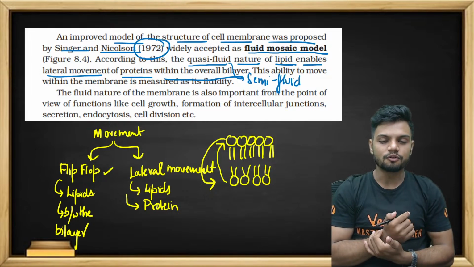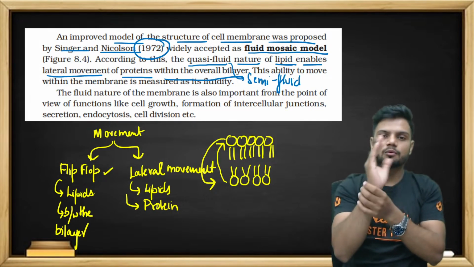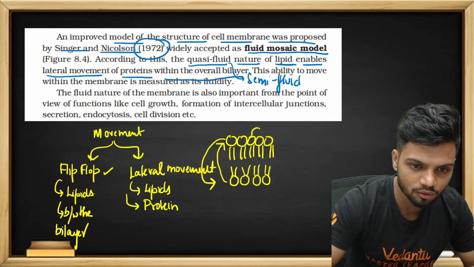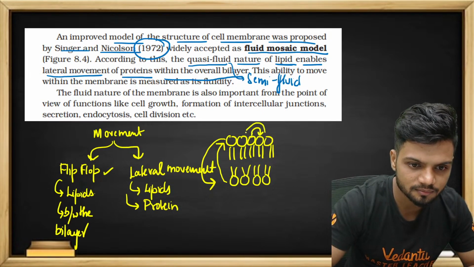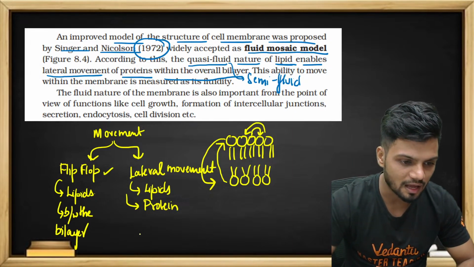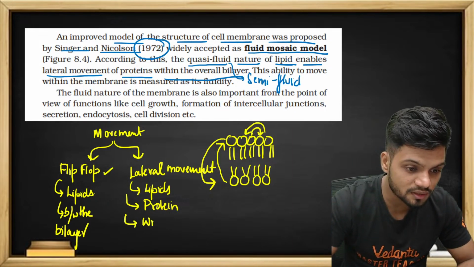Understood? Now what is lateral movement? Lateral movement is very simple. This particular lipid will go this side, this will go this side. That's all. Lateral movement, here to here, will happen within the membrane.